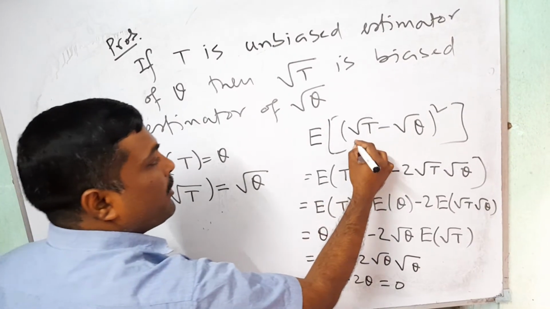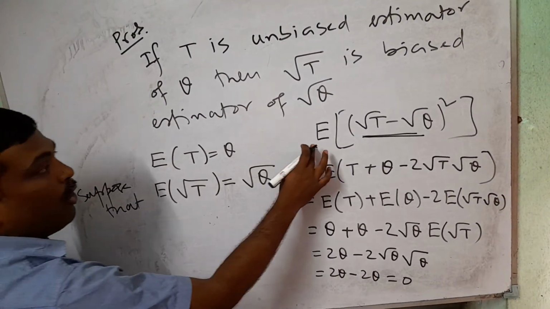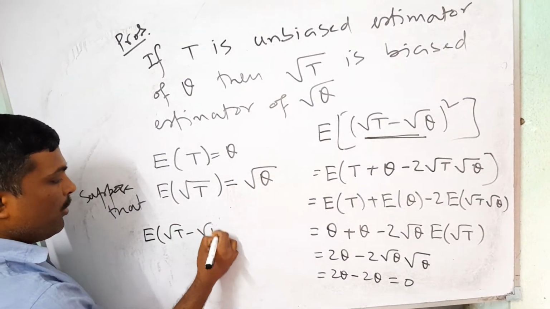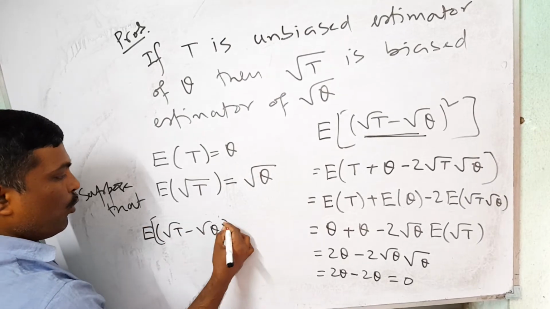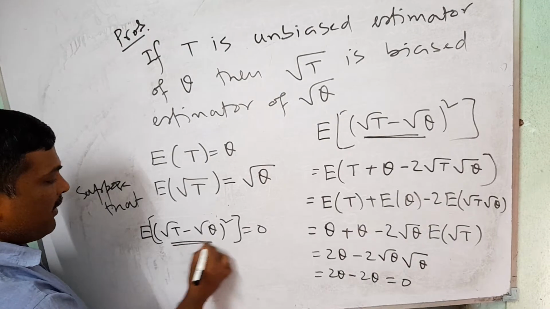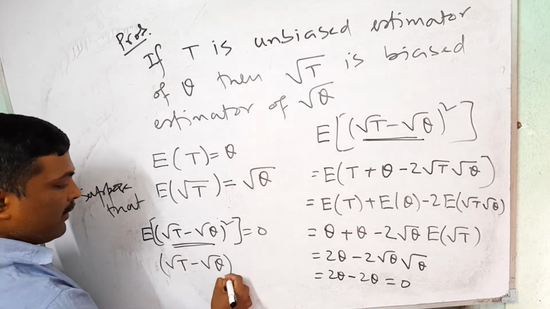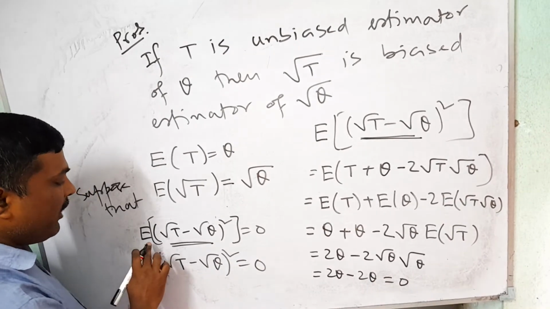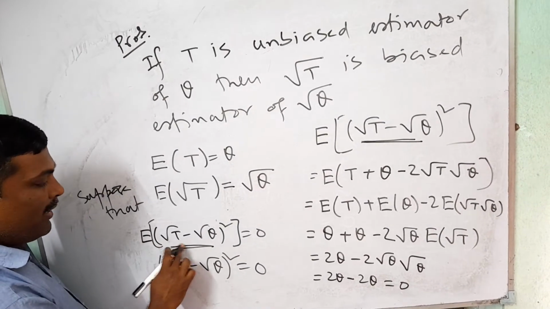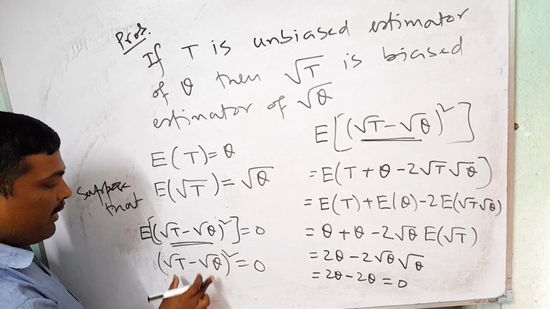This is possible only when the term root over T minus root over theta whole square equals 0. E of root over T minus root over theta whole square is 0 only when this term is 0.